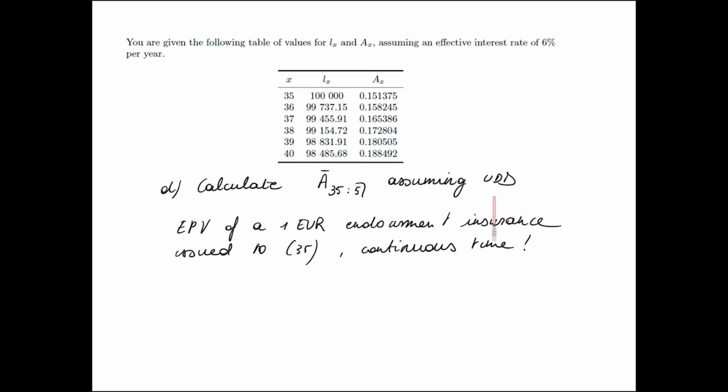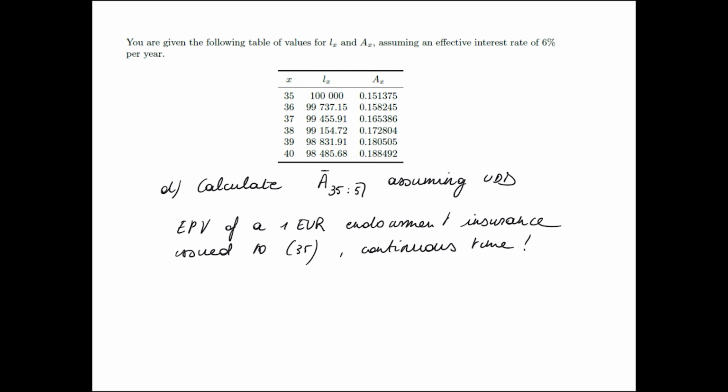And why do we need such an assumption here? Because we are asked to calculate numerically the EPV of this product in continuous time. But the only thing we're given is a table with annual information, let's say, information for discrete values of the lx, right? So we need to make an assumption. And in fact, we covered that in class.